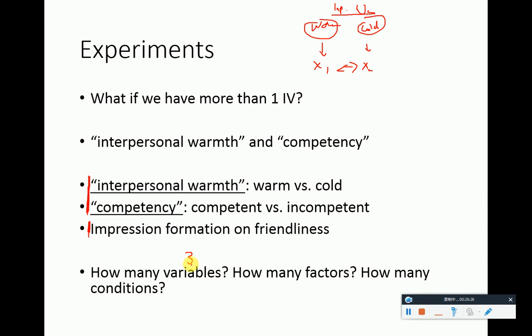So there are three variables. How many factors? The answer is two, because factors are the same thing as independent variables. We just said we have two independent variables here, representing the two presumed causes of the effect. So two factors. How many conditions? The answer is four.